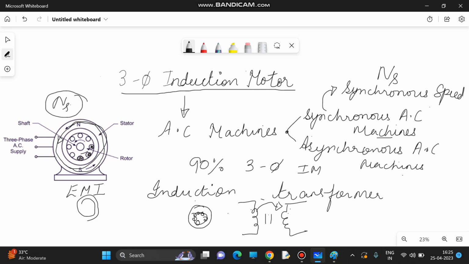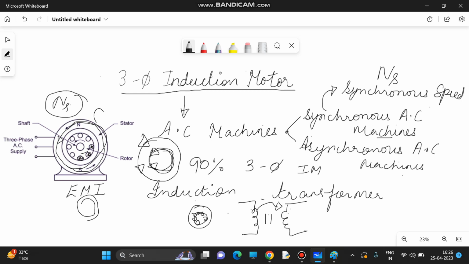So because they are short circuited, a current is induced, and whenever you have current, you will have a force. So a force is set up, and that force will cause the rotor to move in the same direction as that of the rotating magnetic flux. If the rotating magnetic flux is moving in anti-clockwise direction, so will be the direction of rotation of the rotor. So this is the rotation of the magnetic flux, this is the rotation of the rotor. So it will also start moving in the same direction.